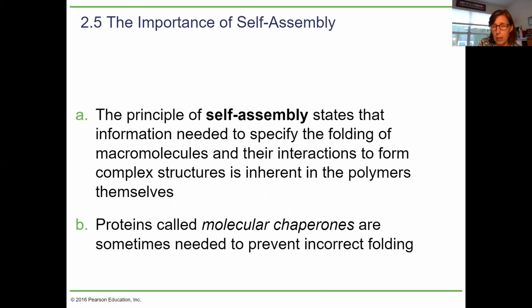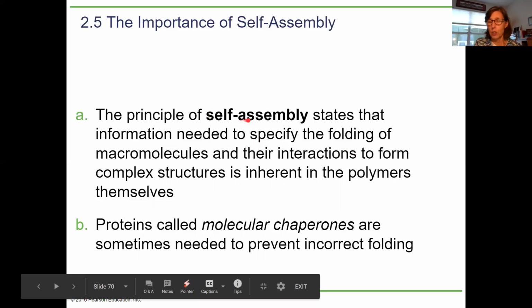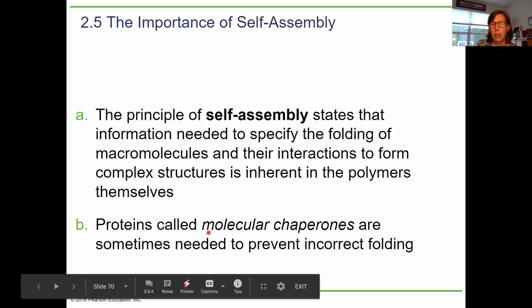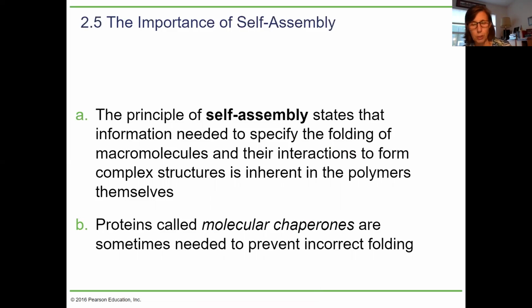Now, some structures and some proteins or macromolecules can be assembled through their own information. So they can just form seemingly spontaneously, just from the information in that macromolecule. Others, and this applies specifically to proteins, need a little help to then fold into the right structure.